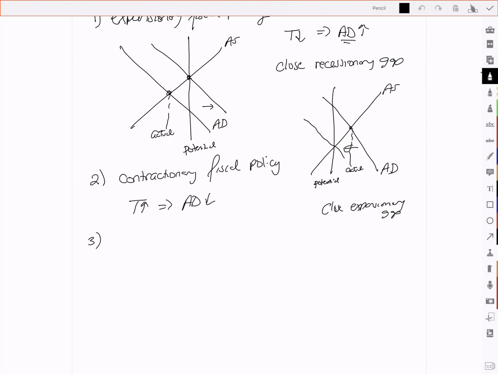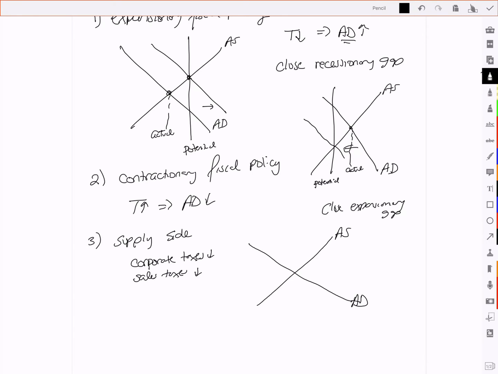The third type of discretionary fiscal policy is a supply-side approach. And in this case, what we're doing is we're changing corporate taxes and sales taxes. So if we take corporate taxes and we make them go down, and we make sales taxes go down, then that changes the cost to the business.